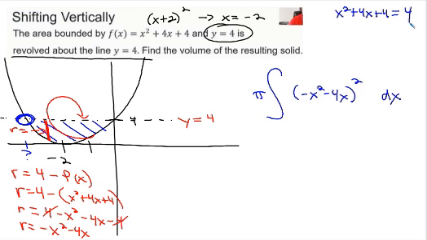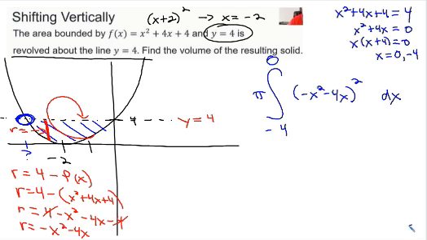So the 4's go away. You have x squared plus 4x equals 0. Factor out an x. You have x times x plus 4. So your two coordinates are going to be 0 and negative 4. So we're going to go from negative 4 to 0 on that.